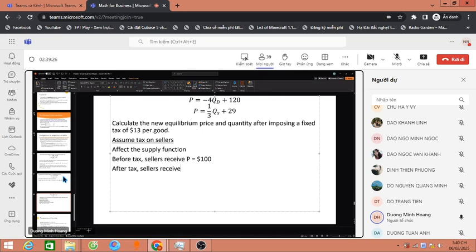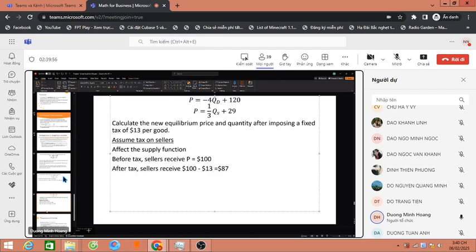After tax, I sell a good for $100, but now I have to pay $13 in tax. That means I only receive $87. Before tax, I sell stuff and receive $100.